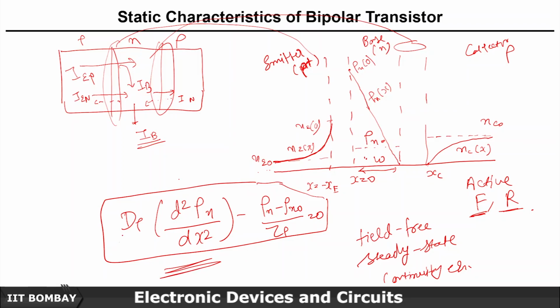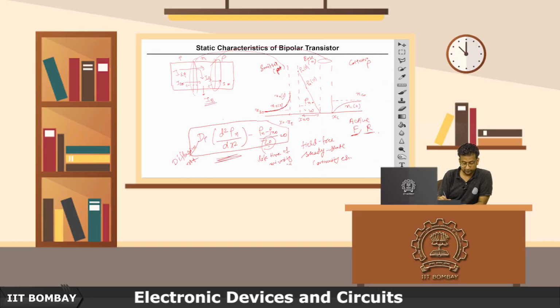This is the diffusion constant, and this part takes care of the recombination in this base material. This is the lifetime of the minority carriers. So it's sort of an equilibrium, where holes are diffusing and recombination is taking place.